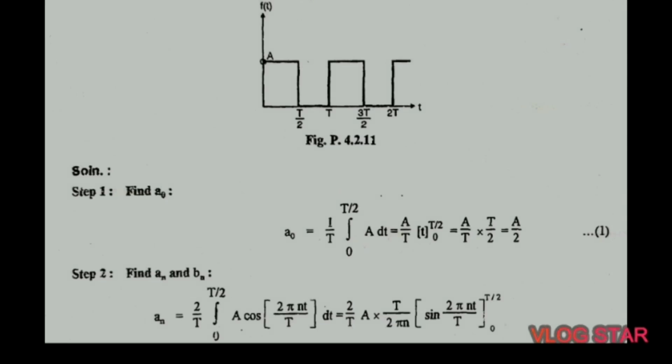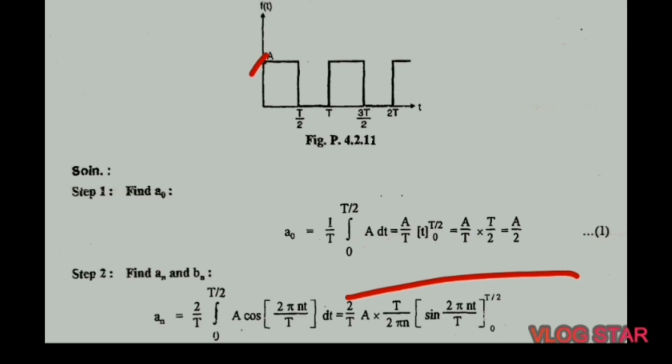We know that a0 is 1 upon t0 integration from 0 to t by 2, as given in this diagram. Here the cycle starts from 0 to t by 2, so that's why I am putting the limits 0 to t by 2. Inside the integration, the value of x of t is a, so x of t becomes a into dt.